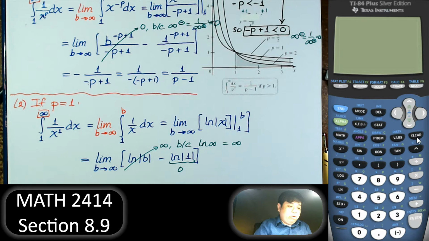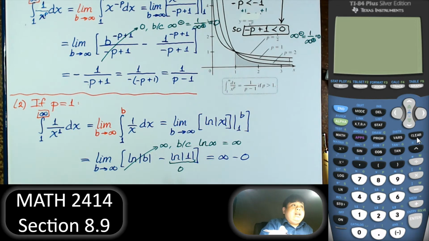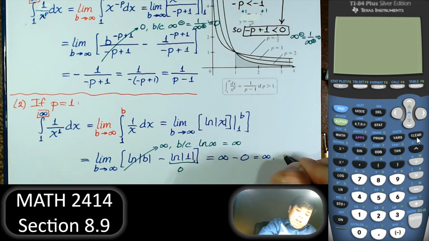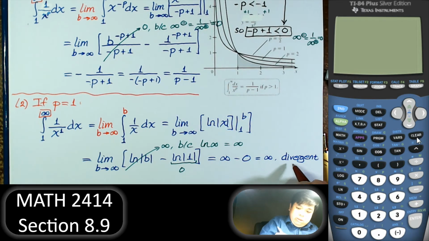So after all of this, what do we have? Infinity minus 0, right? And because that limit does not exist, in this case we say it is divergent, because there's no limit.